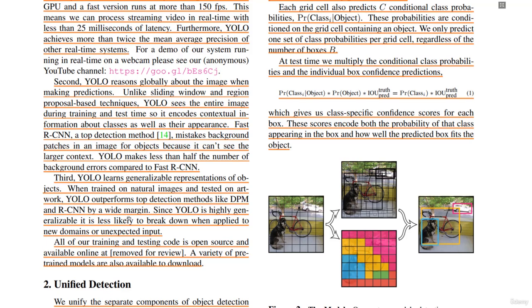So this tells us that YOLO is less prone to overfitting. Now, since YOLO is highly generalizable, it's less likely to break down when applied to new domains or unexpected input.